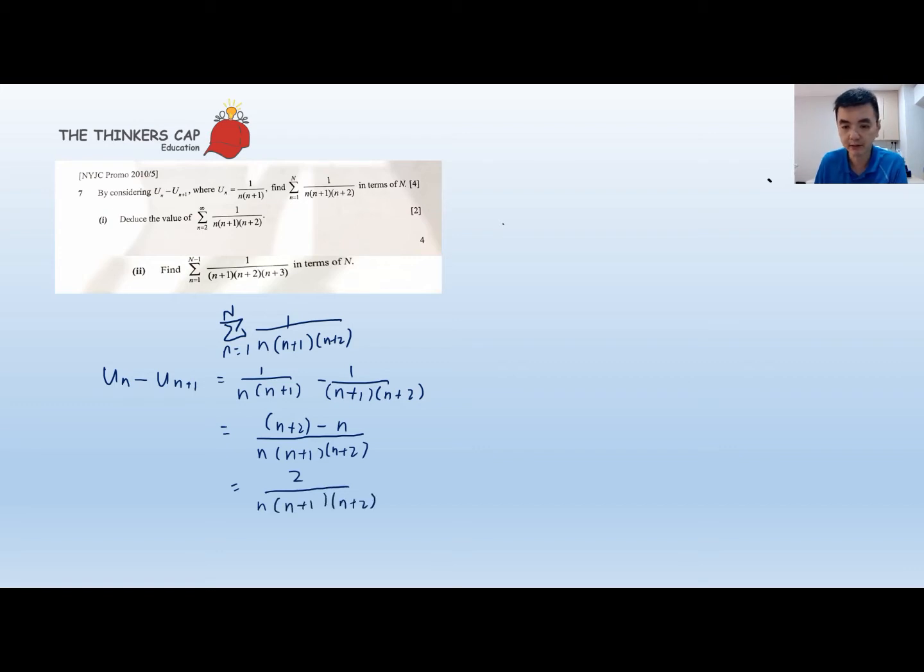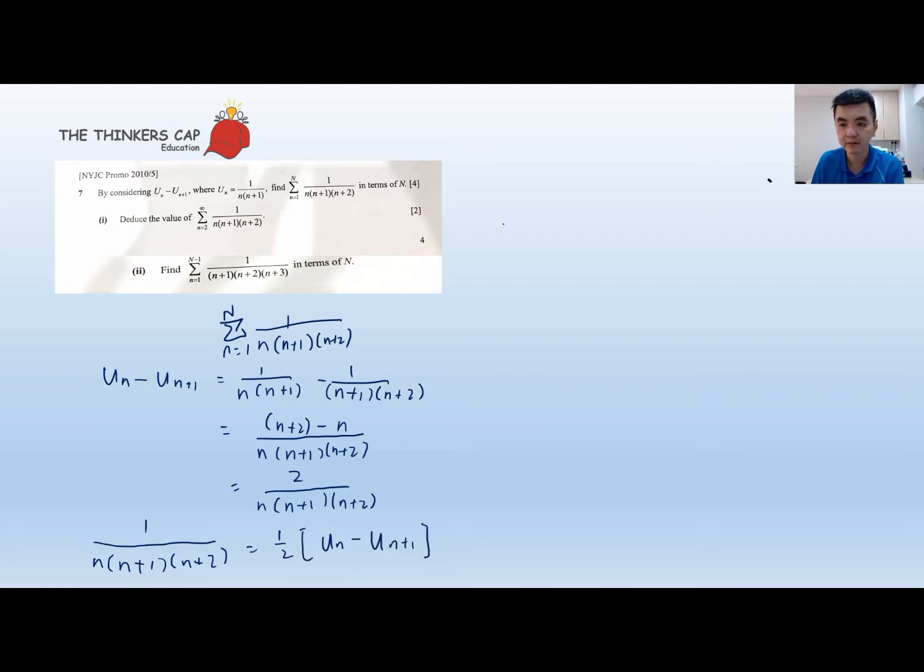As you can see, the outcome is related to the term over here, just that we have an extra 2 at the top. So I'm going to rewrite this so that I can express the term formula in terms of the difference between the two terms, and that will be half of un minus un+1.